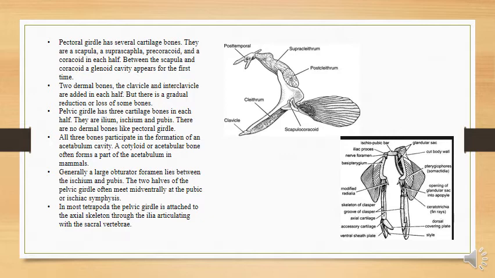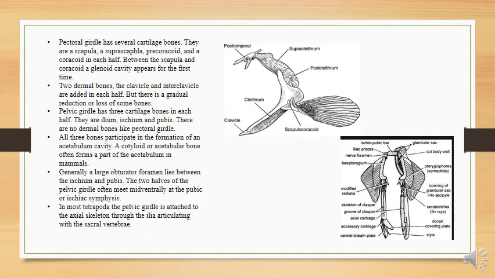Fin rays are branched and supported by radial or interradial bones. The spine is strong, stout and bears teeth-like serrations along its posterior edge. The spine and its serrations are better developed in the male than in the female.